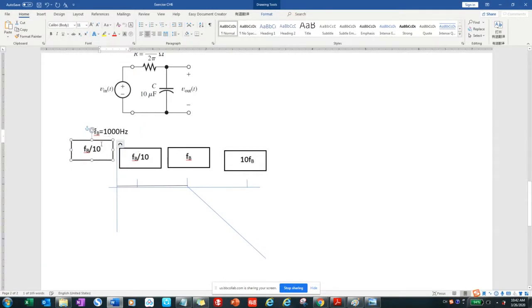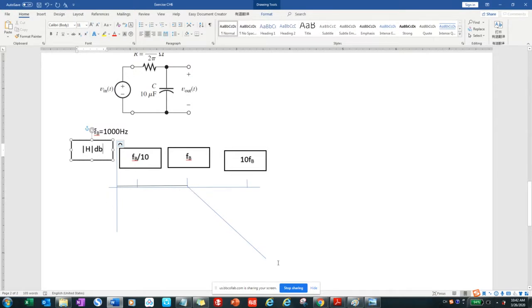So the y-axis is the magnitude of the transfer function in dB. Note that it is in dB, the decibel. Then the x-axis is the frequency.